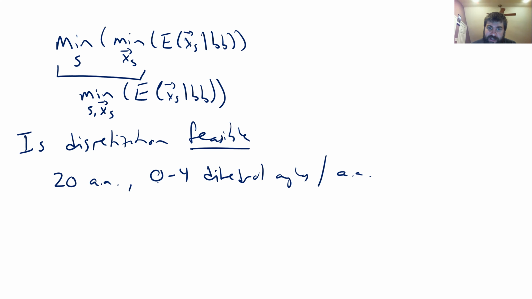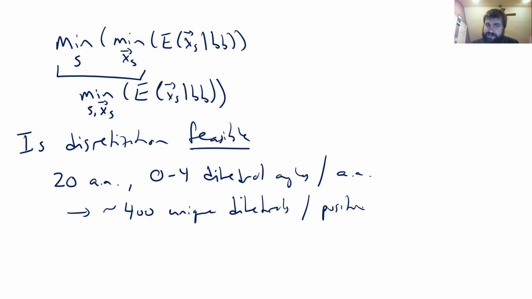What does this really mean? Well, if we have 2 dihedral angles per amino acid, but we also have 20 different amino acids per position, we might expect that we have somewhere around 400 unique dihedrals per position. If we had an average of 2 dihedral angles over 20 amino acids, 2 times 20 is 400.